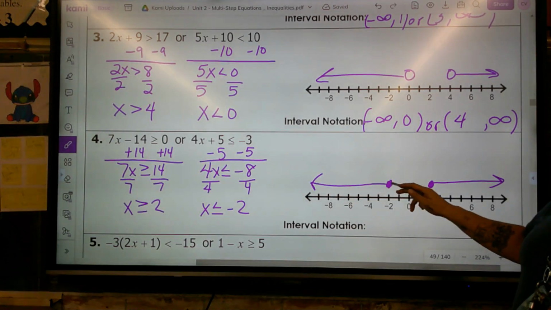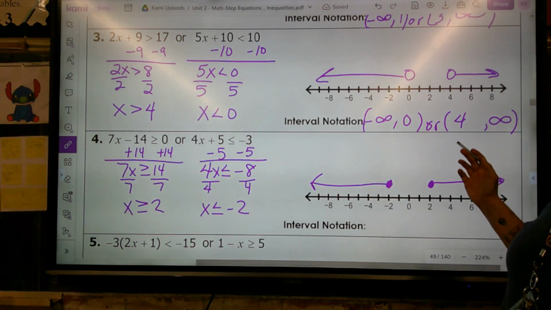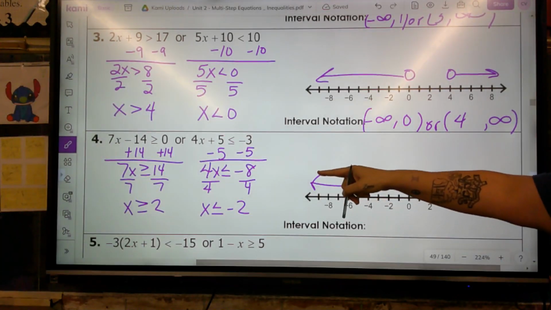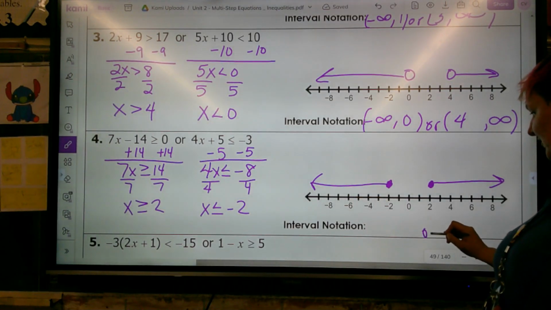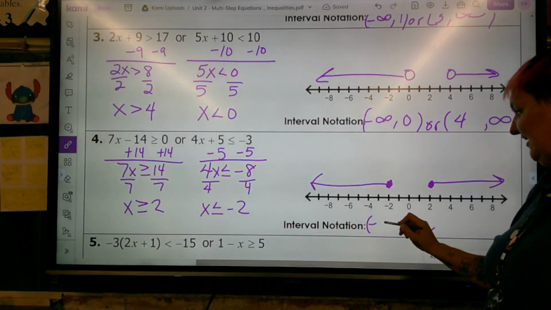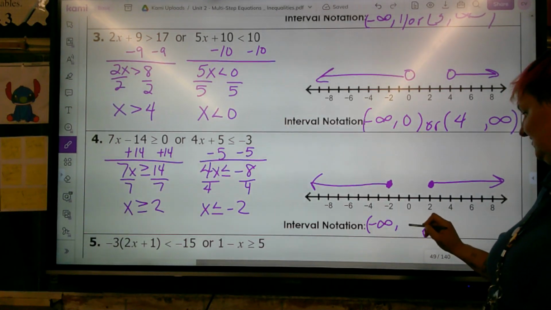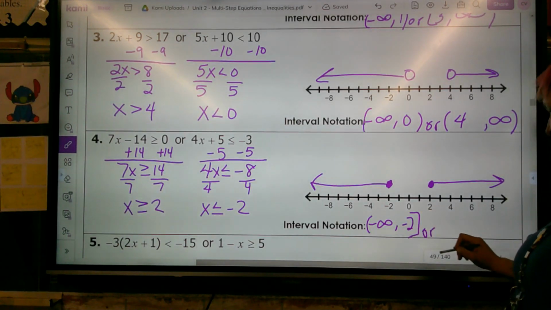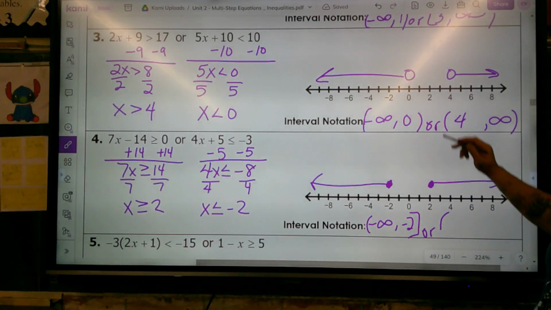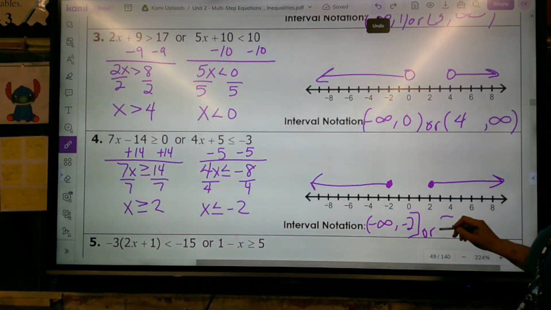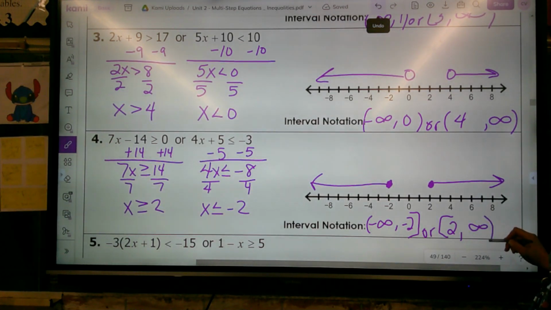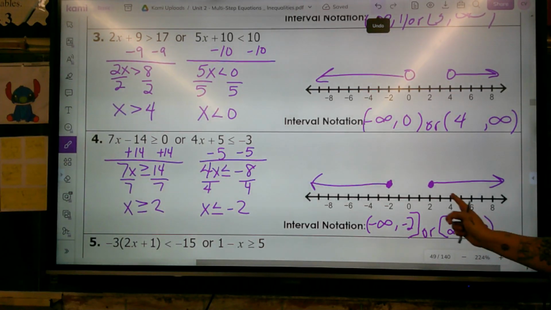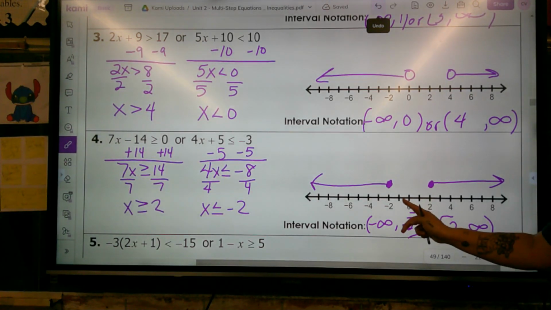So we know it's going to have 2 brackets somewhere. It's going to have the brackets covering the 2 and the negative 2, right? So we have our "or". We have negative infinity to negative 2 bracket, or 2 with a bracket to positive infinity. The only thing it can't be is 1, 0, and negative 1.